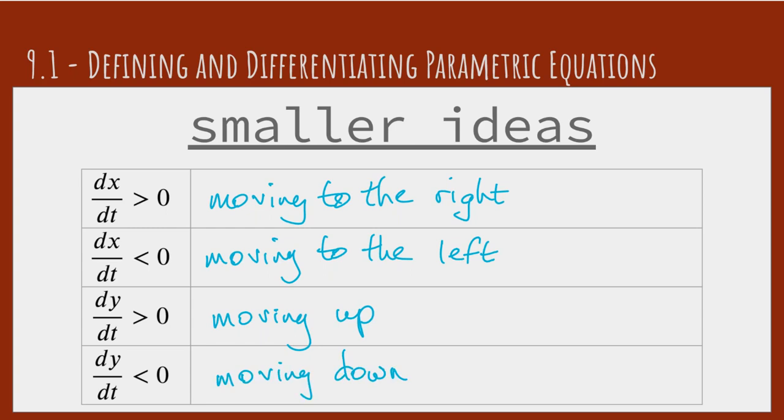And at that switch, we're either going to see a discontinuity or we're going to see maybe dy/dt is equal to 0. So when dy/dt is equal to 0, it's not moving up nor is it moving down. So some of the same ideas that we see with that straight line motion, but now we're talking about motion in 2 different dimensions, so horizontal motion and vertical motion at the same time.